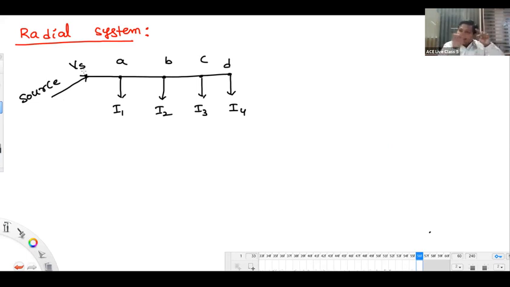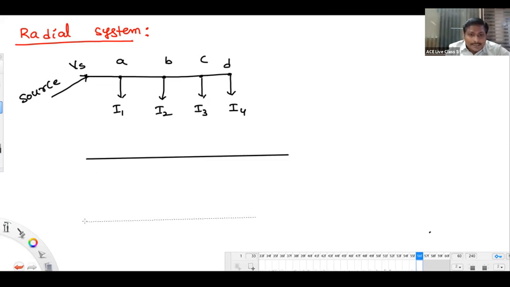Two wires will be there, forward and return. This is the forward conductor, and this is the return conductor. On the forward conductor side, we have a DC voltage source.